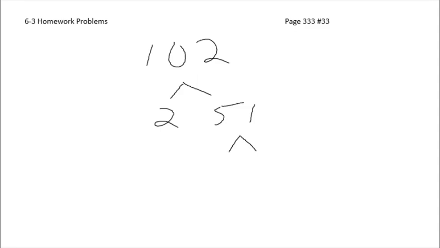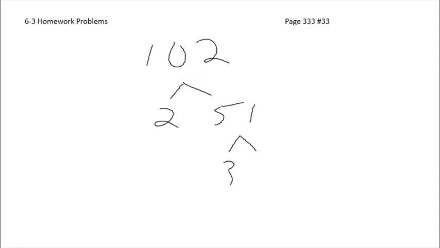Okay, the last problem that we're going to look at is number 33 on page 333. And it wants us to find the prime factorization of 102. So 102, and I'm just going to make things easy on me. So I'm going to do 2 times 51, and then hopefully you all remember 51 is not prime.